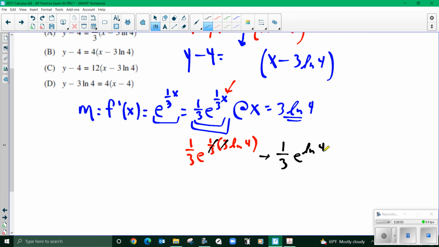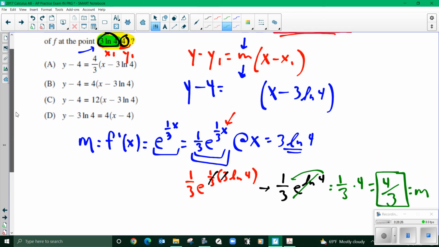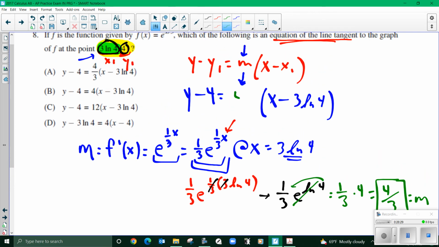I know they say this isn't mathematically correct, but it works because we're not doing all the math work to get there. My e and ln become a 1 and my 4 comes down. Meaning I have 1/3 times 4, which is 4/3. That's my m value. And if I go back up here, 4/3.